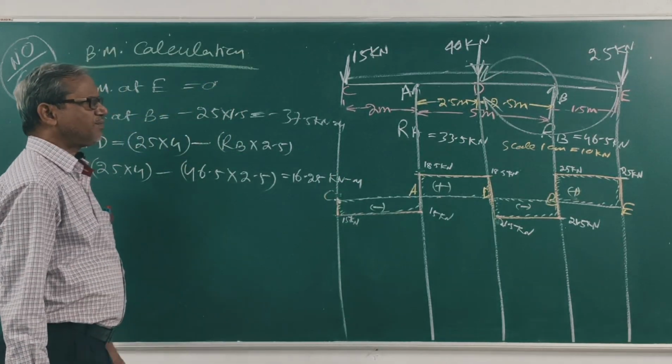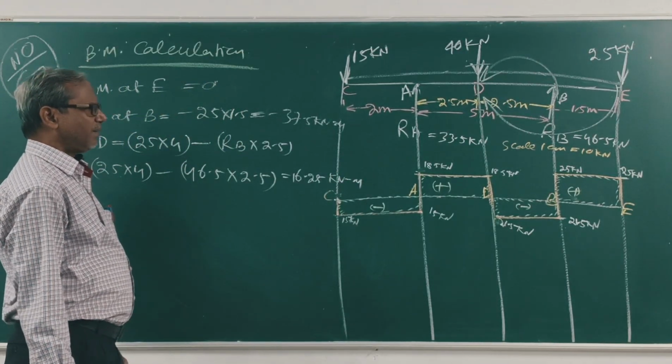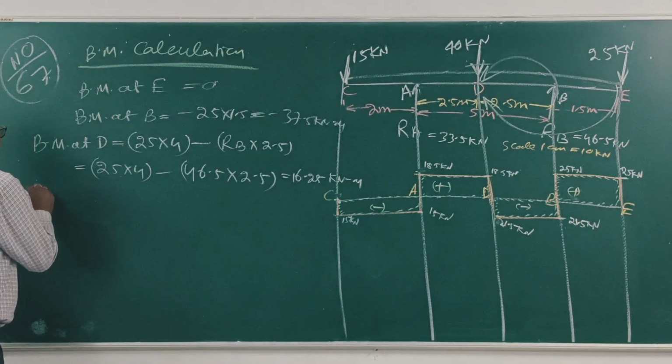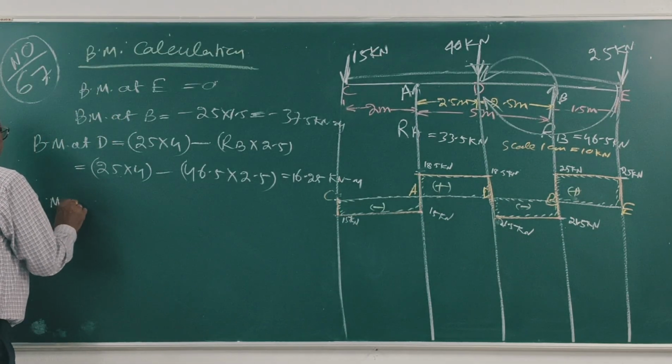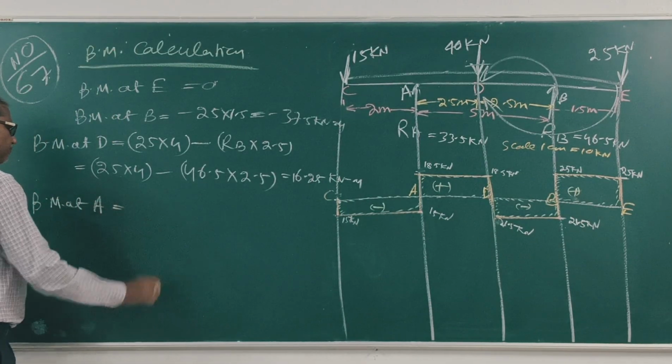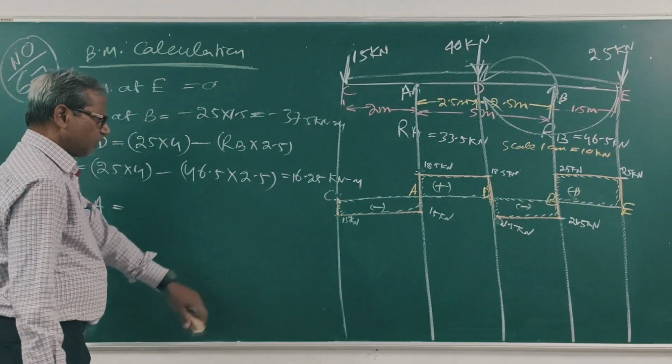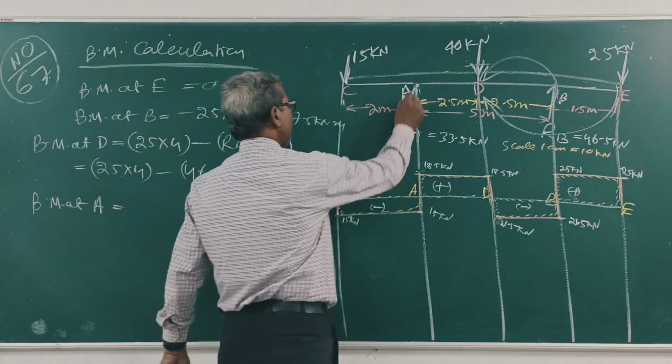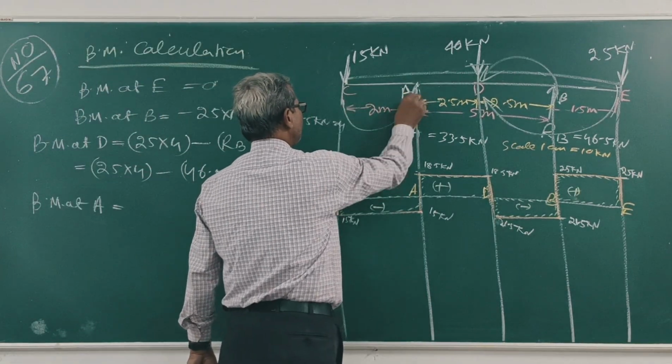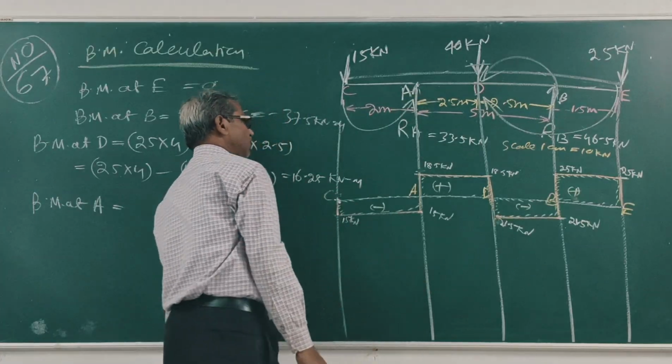BM at A. This is point A. About A, this array amount is 0.